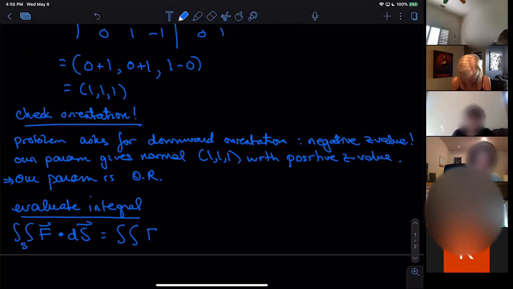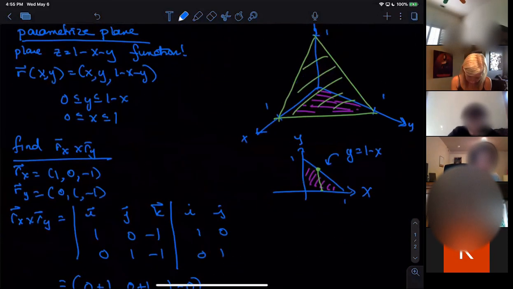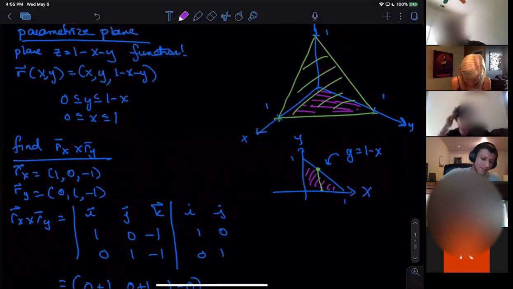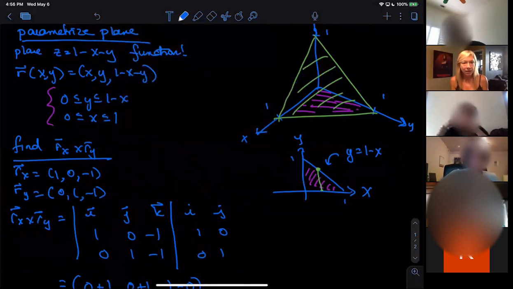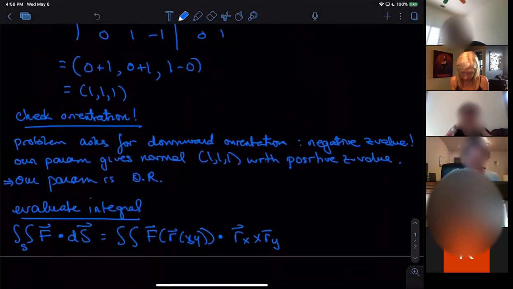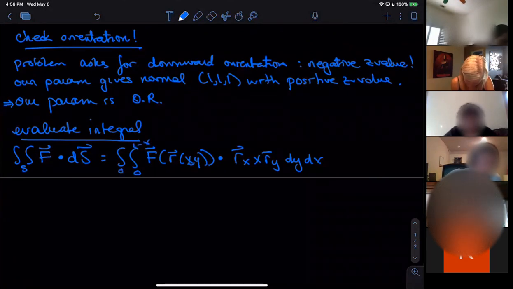So we want F evaluated at the parameterization, dotted with Rx cross Ry, and then dx dy. But think about how we set up our parameterization, our bounds: y goes from 0 to a function, so y should be the inside variable. So let's put dy dx, where y goes from 0 to 1 minus x, and x goes from 0 to 1.